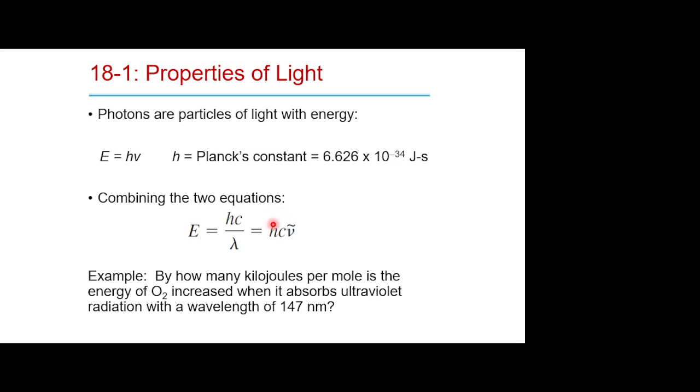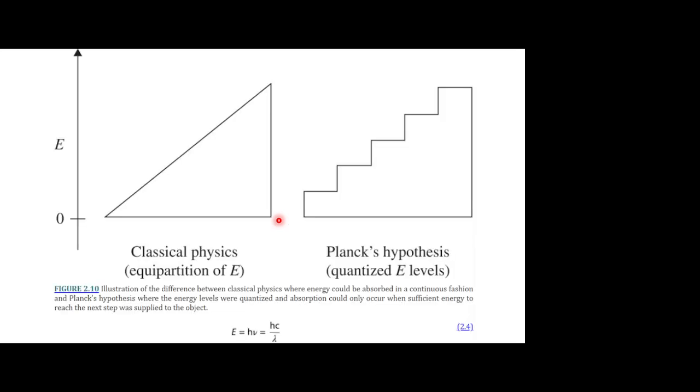In fact, people that work a lot with light will have, like I used to have, spreadsheets where I just had hc already calculated. Just plug in the one number. Or I have a saved function on my calculator, a saved number, that was hc, because they're so heavily related.